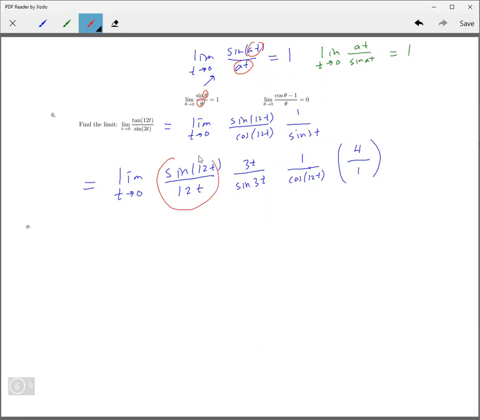Now this one, as t goes to 0, that goes to 1. That also goes to 1. Put a 0 in there, cosine of 0 is 1, so that's 1 also. And we just end up with 4 as the answer.